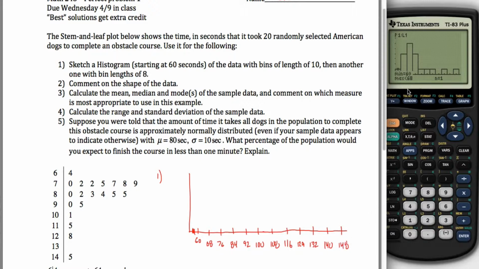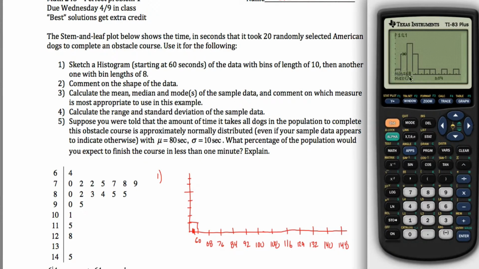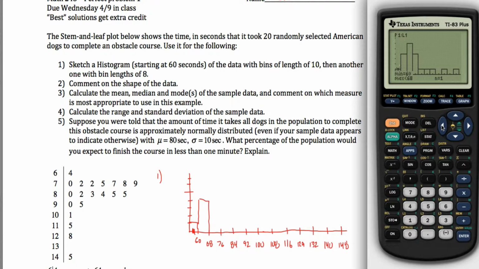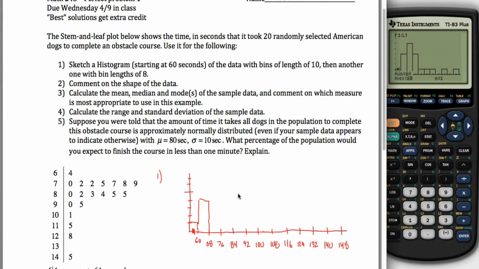And then you can go over here and say, all right, from 60 to 68, I had 1 observation. So I'll make the height just 1 here. From 68 to 76, I had 4 observations. 1, 2, 3, 4. What happened there? Shoot, I screwed up is what happened.